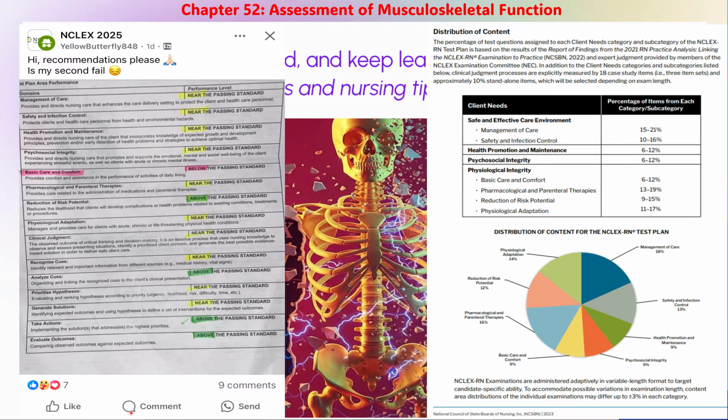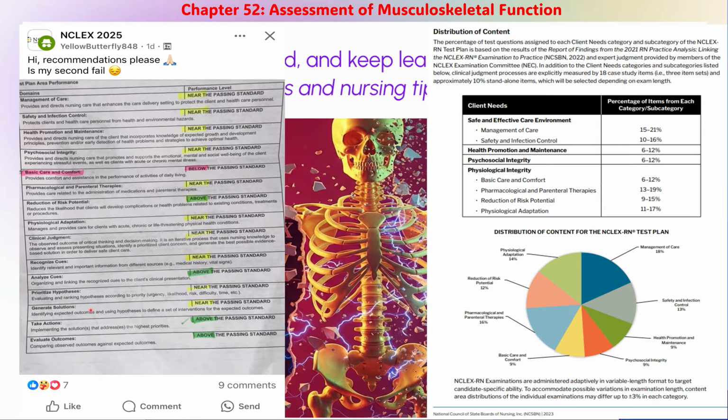So just keep in mind: recognizing the cues, recognize the cues. It's like imagine when you review for NCLEX and you think about musculoskeletal function, or when you review pediatrics or mental health. Like today, musculoskeletal function: think what clinical manifestations are observed in this patient.